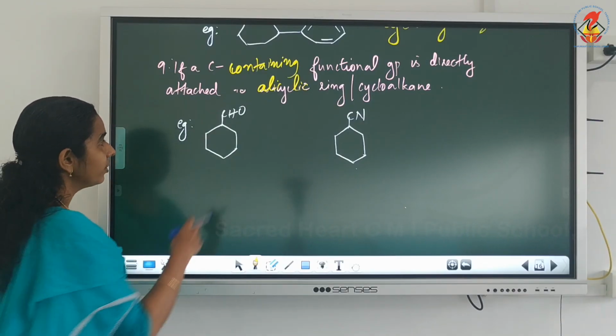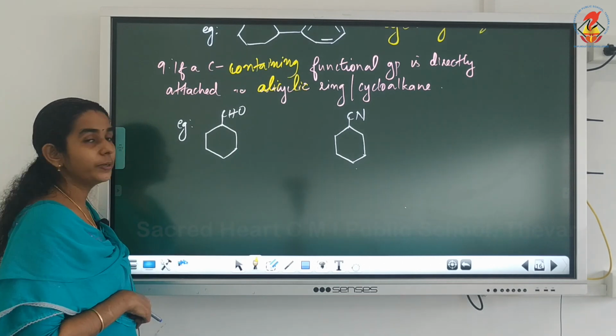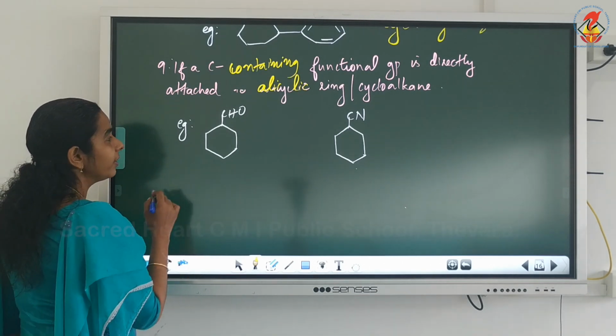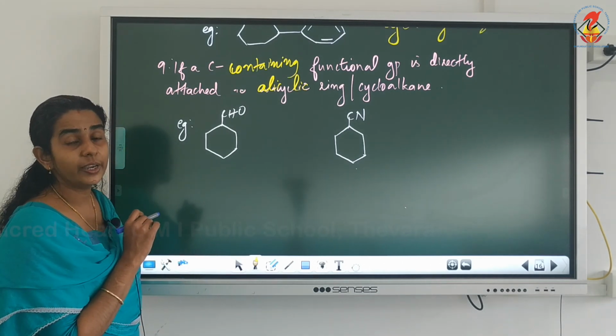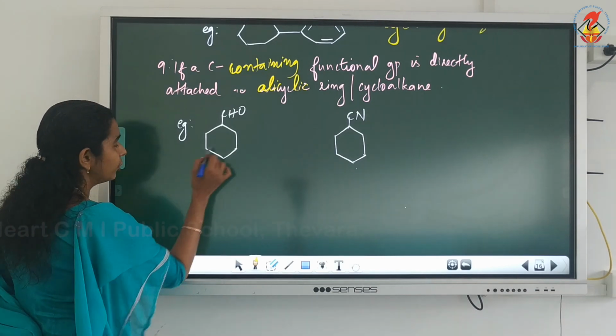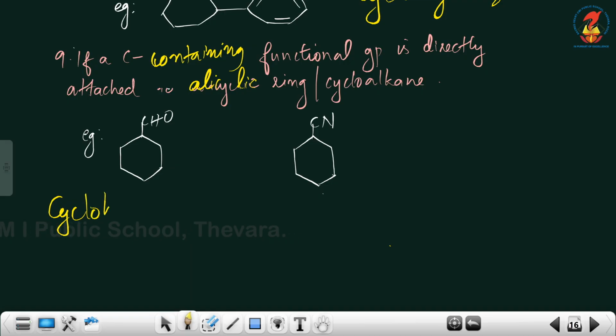Here a CHO group is attached to the ring. So first we have to write the complete name of the ring. Which ring is present here? Cyclohexane. So it will be named as cyclohexane carbaldehyde. These are a few exceptions we have to remember. It will be named as cyclohexane carbaldehyde.